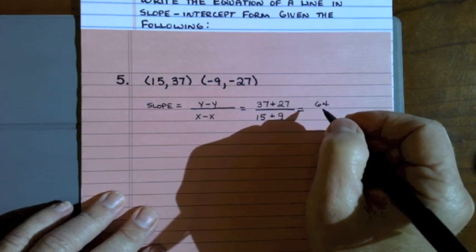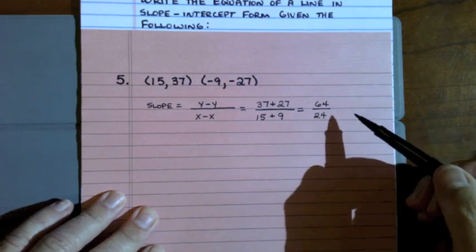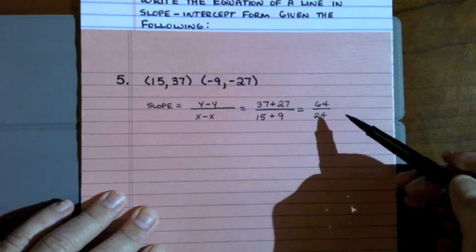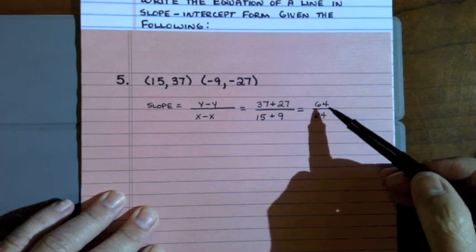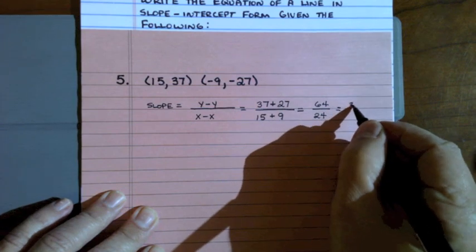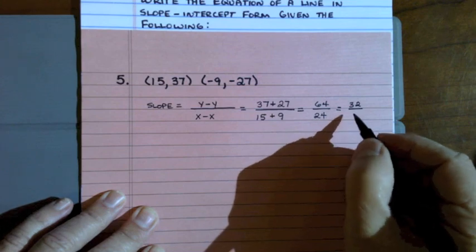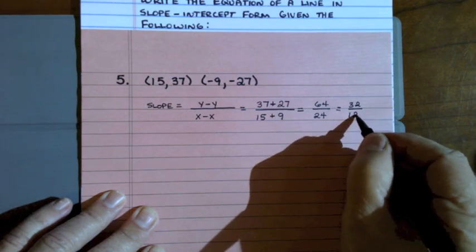15 plus 9, 24. Remember, I need to reduce these always. So what I'm going to do is I'm going to start reducing it by 2. I'm going to divide this number by 2. 6 divided by 2 is 3, 32. Divide both these numbers by 2, 1, 2.